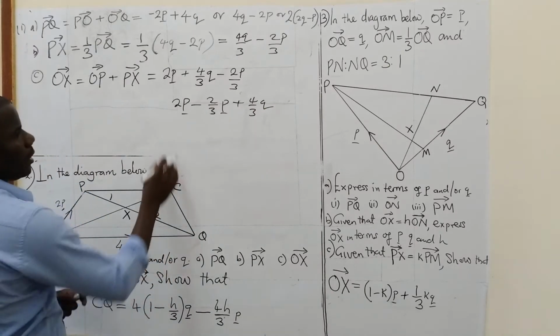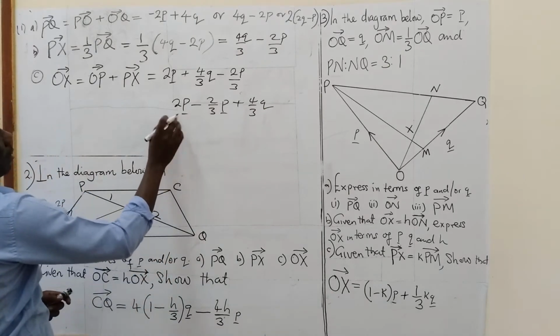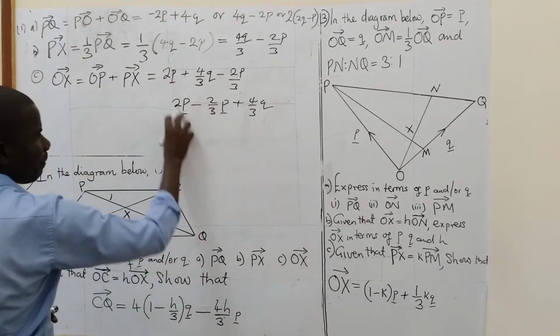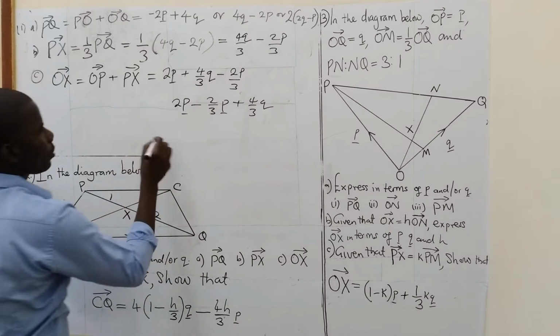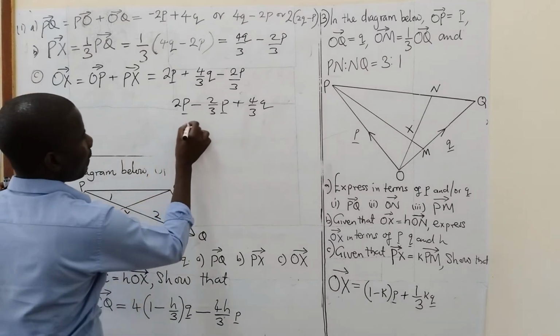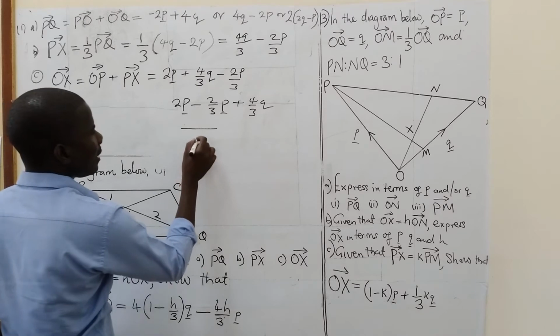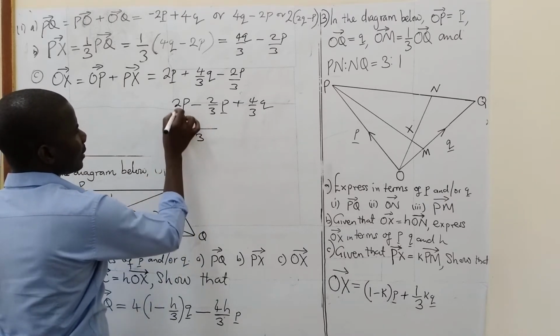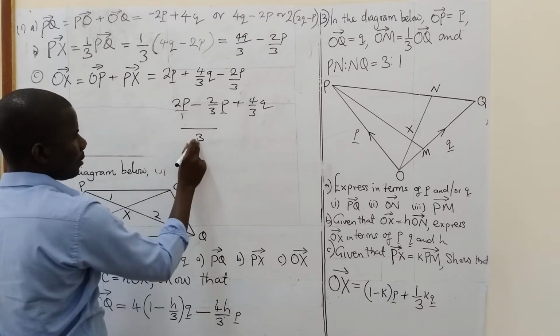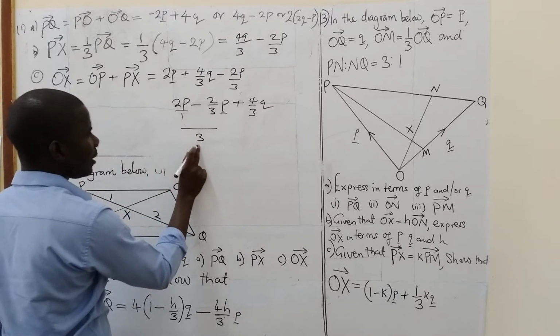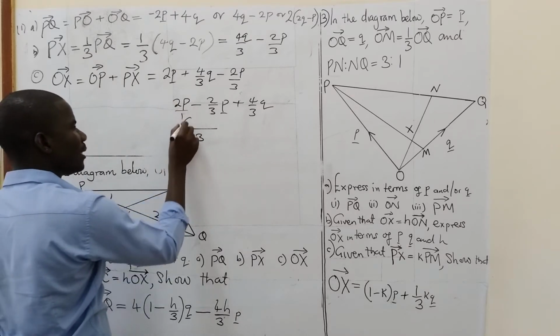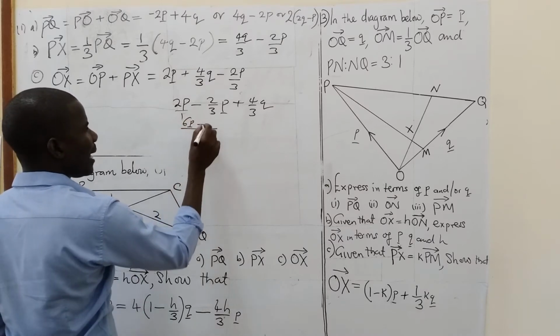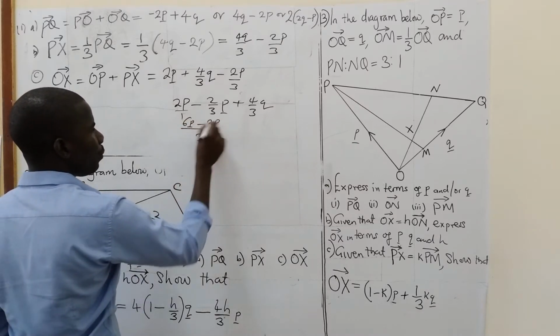Q. When we simplify this part alone, we have 3, and here it is like we have 1. 1 into 3 is 3, and 3 multiplied by 2 gives 6P minus 2P.